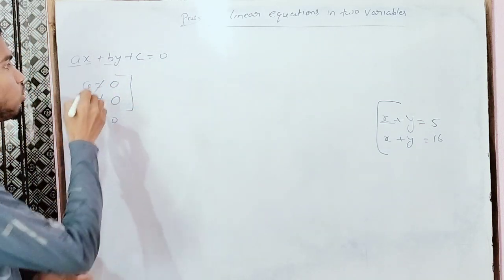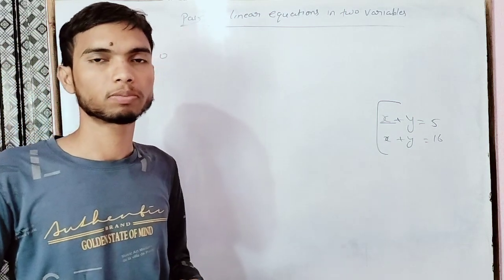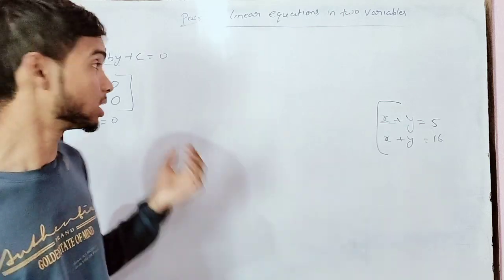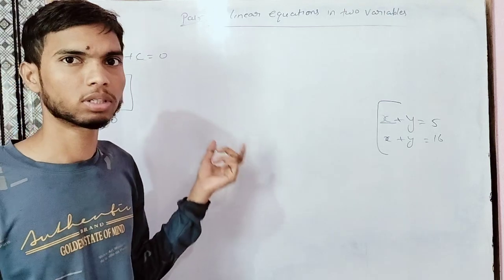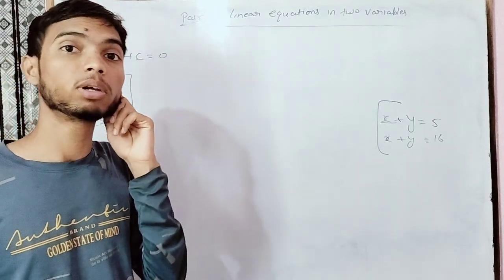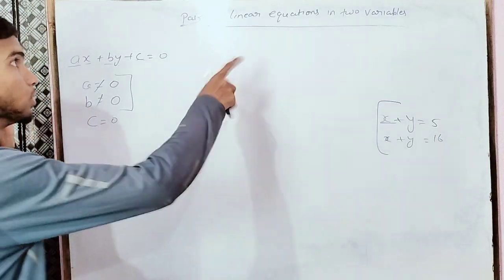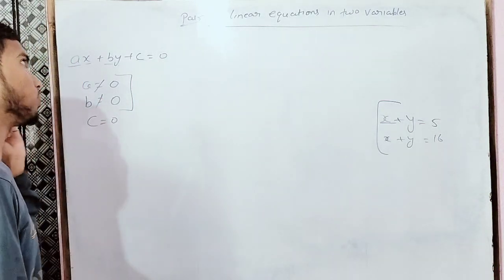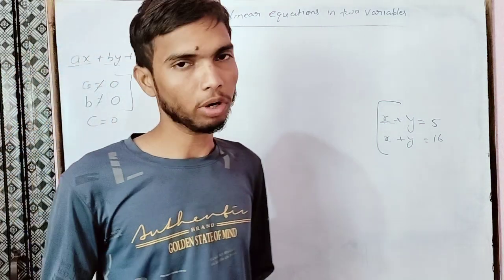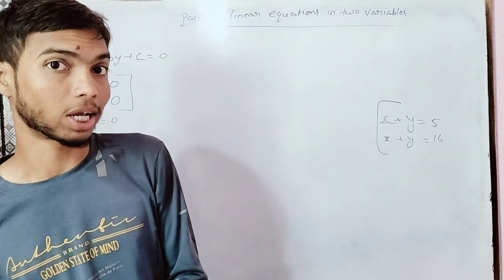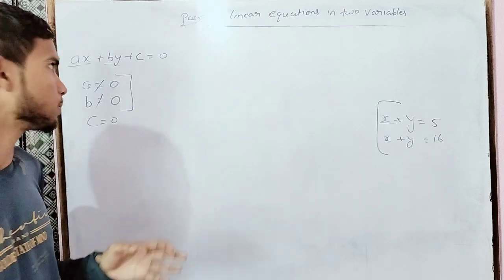If you put a as 0, then the term ax will convert into 0, and this linear equation would not be a linear equation. But as we know, we should have a linear equation in two variables. So except 0, whatever you want to put as a coefficient number, you can put.